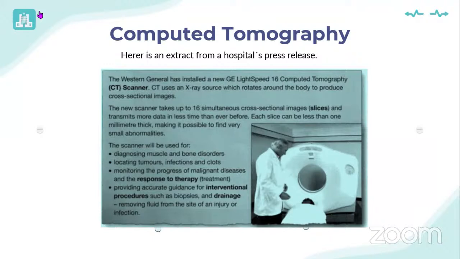CT uses an X-ray source which rotates around the body to produce cross-sectional images. The new scanner takes up to 16 simultaneous cross-sectional image slices and transmits more data in less time than ever before.